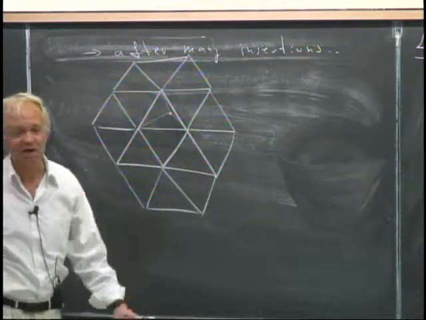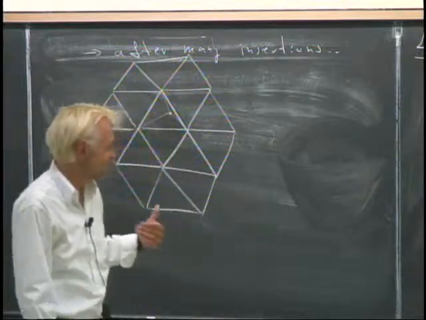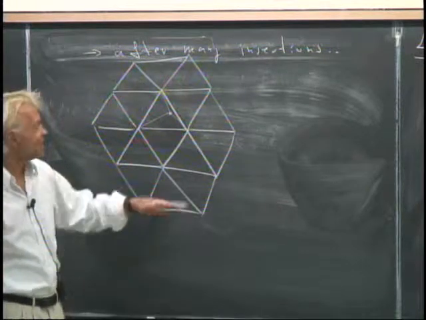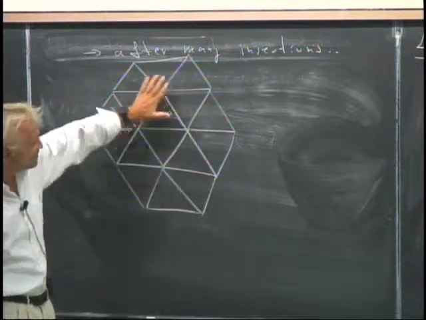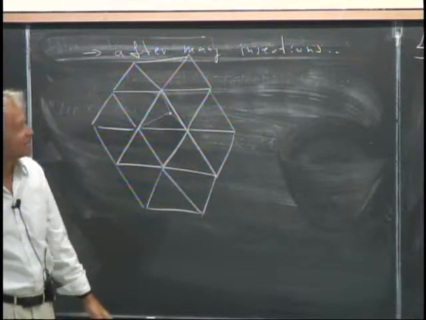Now I have to go back to the definition of max-min angle, and I have to analyze what I just did. Is the triangulation now good in the max-min sense? Is it or is it not? Can I improve it?